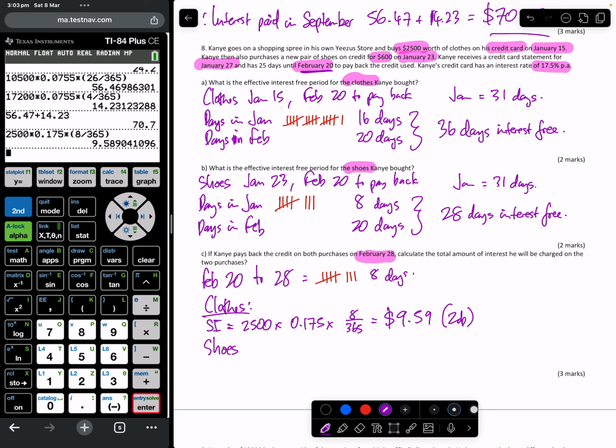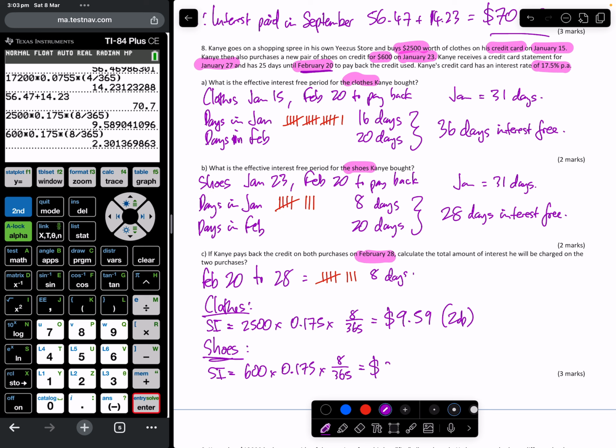Shoes, SI equals $600 times 0.175 times, he also paid them 8 days late, 8 divided by 365. That's $2.30 to 2 decimal points.